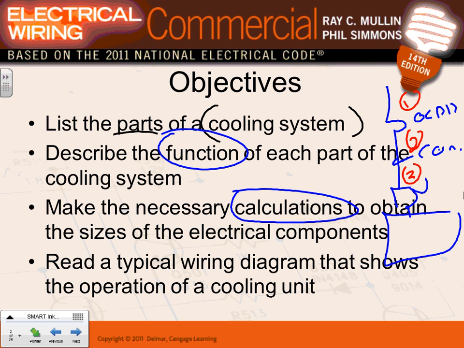I don't have to know what the motor is doing, as long as I have this information and I can size these 3 things for that motor or compressor. Excuse me. Then typical wiring diagrams, guys, especially the control diagrams. We'll look at a couple of them, which show how the system operates. That's your control circuit.